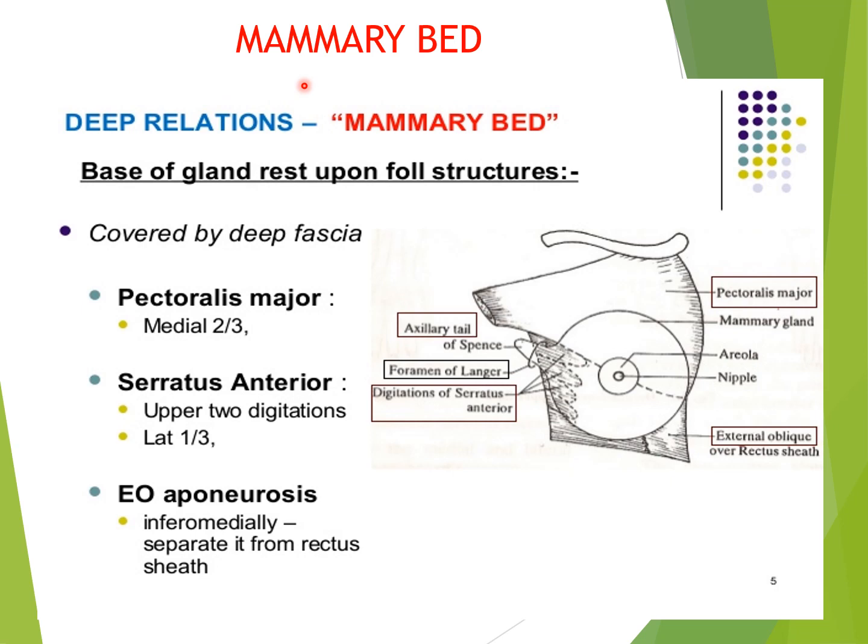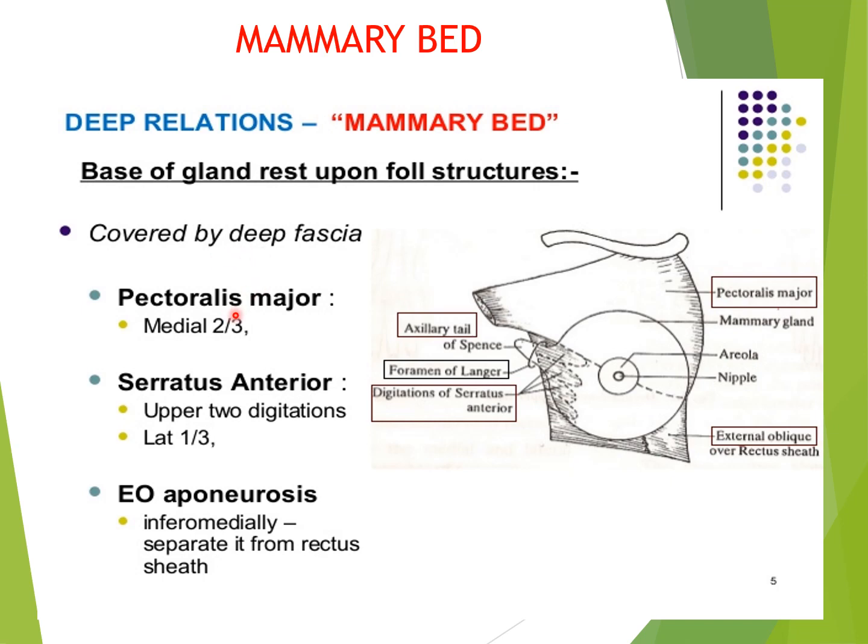Now what is this mammary bed? It is nothing but the deep relations of the mammary gland. It comes as a very short note in the exam. So the base of the mammary gland rests upon the following structures, which are covered by the deep fascia.